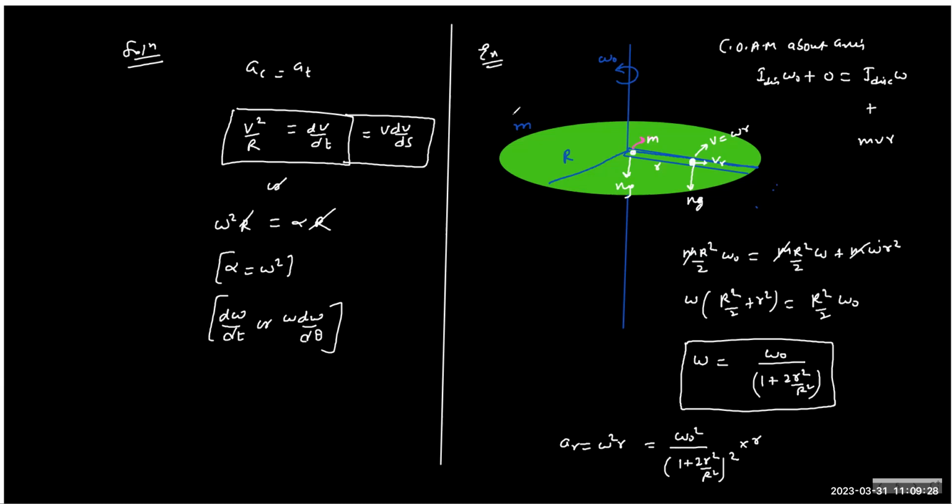In fact, you can always remember, whenever you have a question of axial motion of a disk or cylinder, by default conserve the angular momentum about that axis. Is this clear?